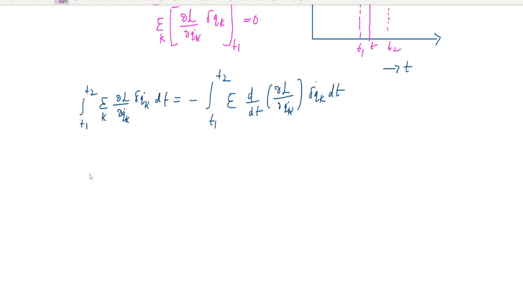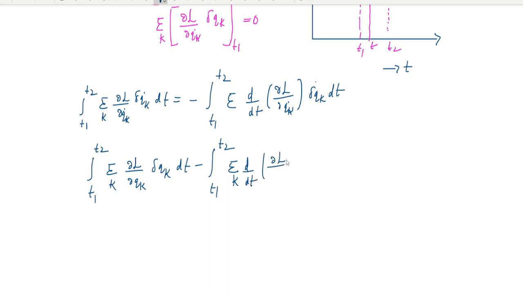So here I'm going to write this equation like this: integral t1 to t2, summation over k, partial derivative of L divided by partial derivative of qk, delta qk into dt, minus integral t1 to t2, summation over k, d by dt.